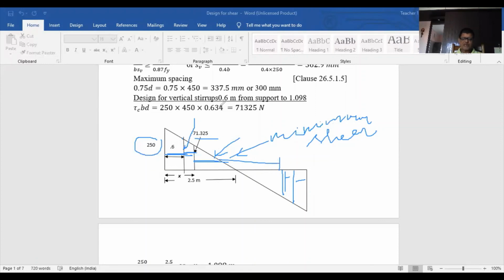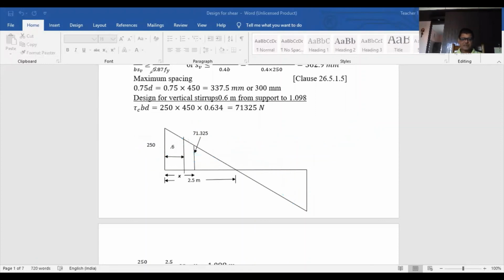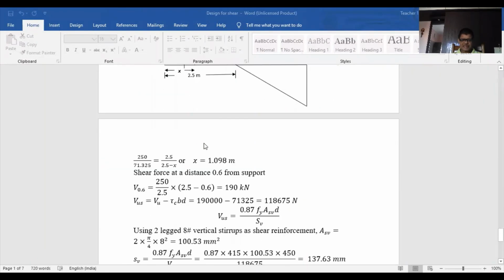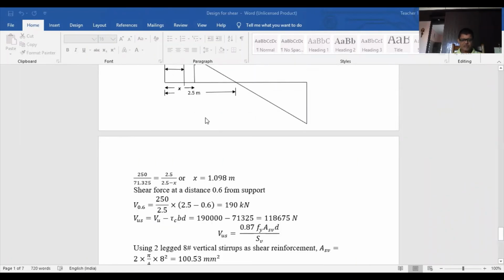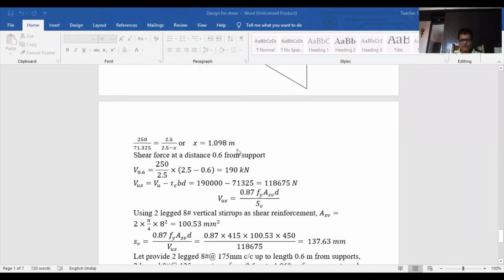Now let us calculate those values. Once you calculate the values, then you can find the stirrup strength. Now find the value of x. If you find x, then by subtracting 0.6 you can find the value. Like the earlier problem, x comes to 1.098. So between 0.6 and 1.098 you have to provide only vertical stirrups.